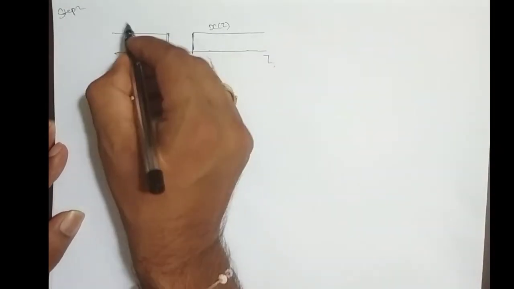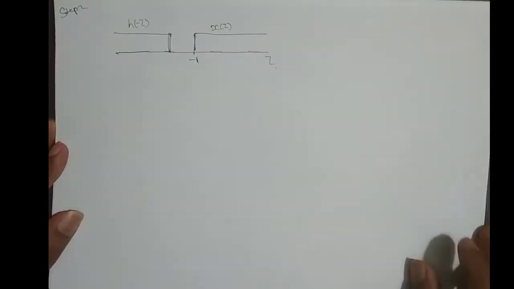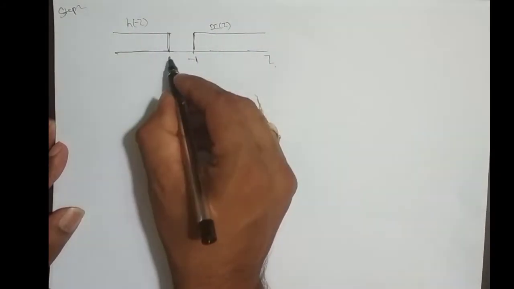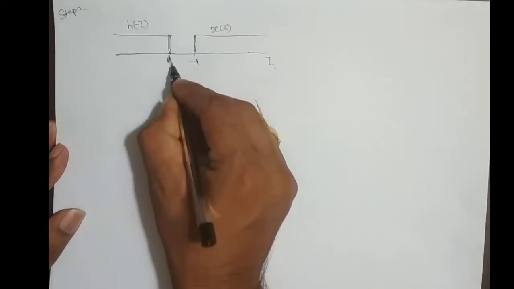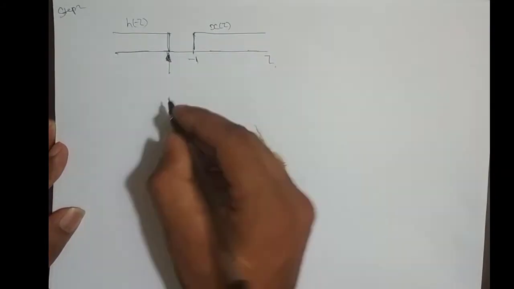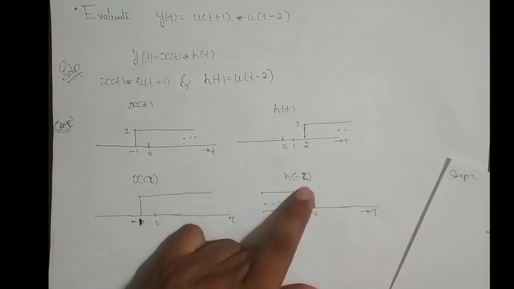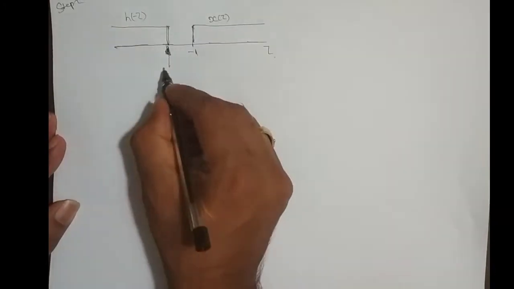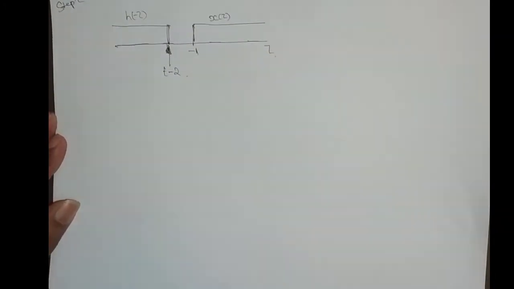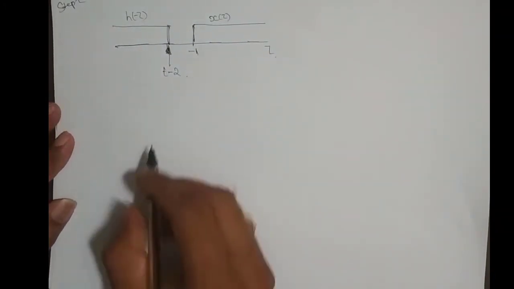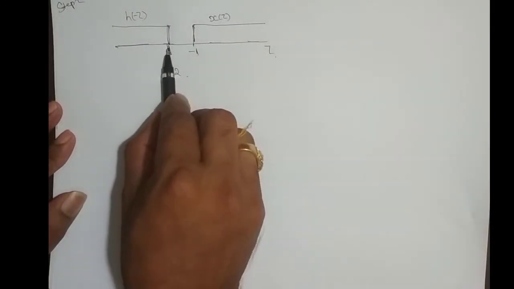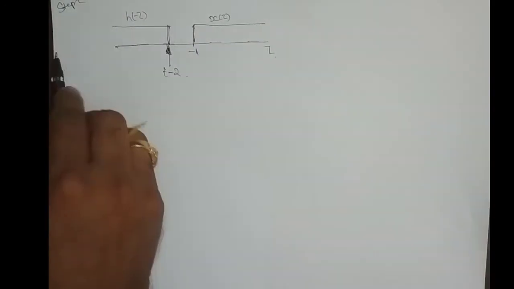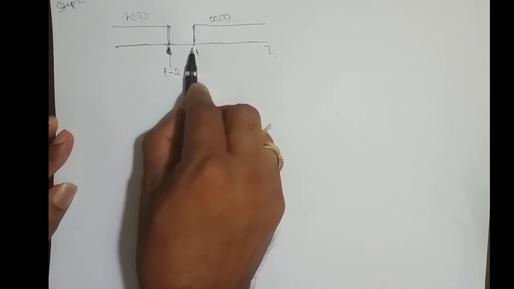We just keep h of minus tau just before x of tau, and the controlling slider index depends upon where this point is. This point is at minus 2, therefore the controlling index is t minus 2.